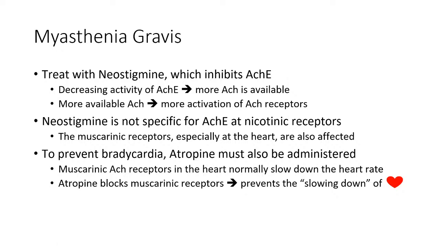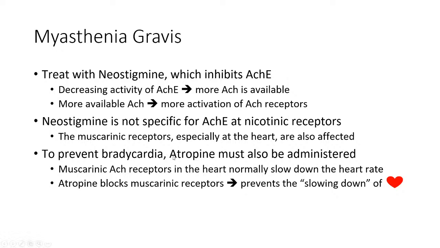And so if you do that at the muscarinic receptors, you inhibit acetylcholinesterase, especially those found in the heart. You are going to speed up the heart. Well, no, that's going to cause bradycardia, slow the heart down.